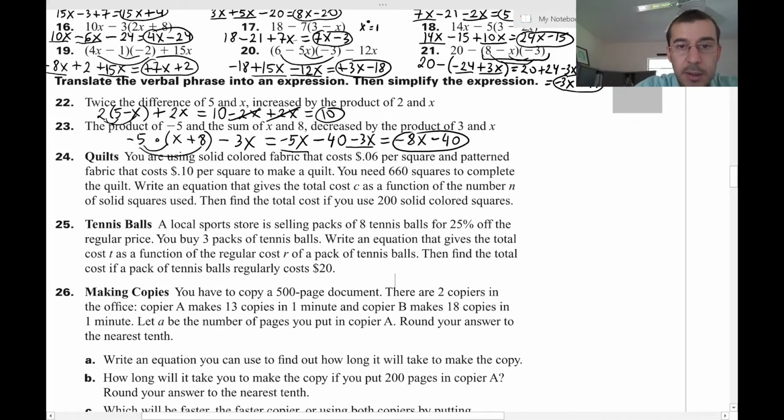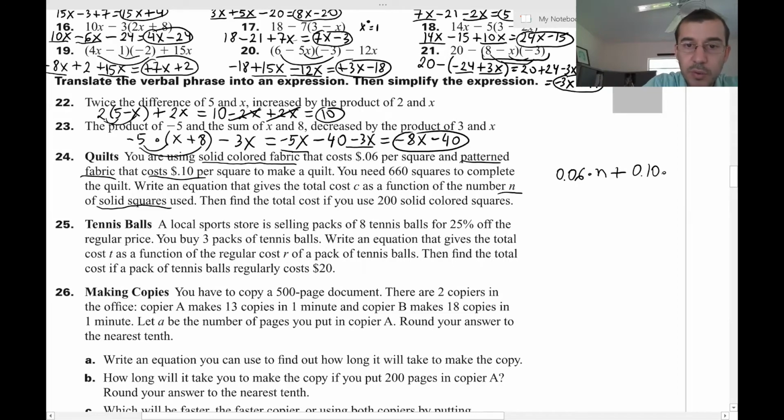So 6 cents, so 0.06 times, this is solid colored fabric, and for solid squares we're going to use n. So this is 0.06 times n, and then plus, we're going to use 10 cents, 0.10 times the patterned fabric squares.